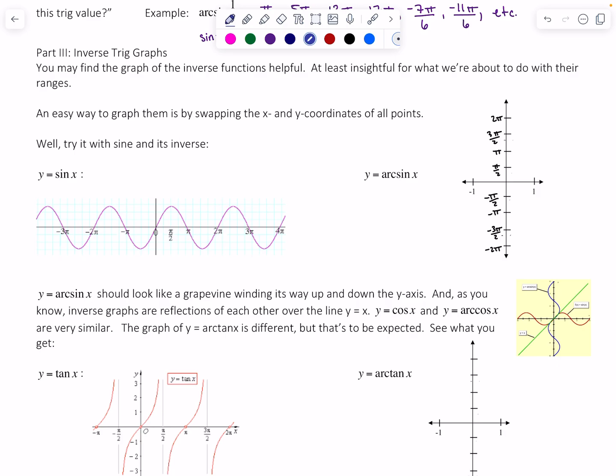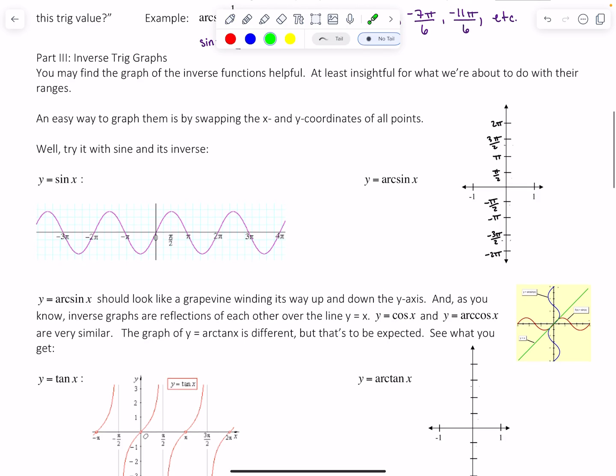All right, so looking at these, we're taking this graph and just switching our x and y values. So when we had an x value of pi over 2, 1, we're now going to have the value 1, pi over 2, then 0, 0, then negative pi over 2, pi, and it's going to snake its way down here, then pi, 0, -1, 3 pi over 2, -1, 2 pi.